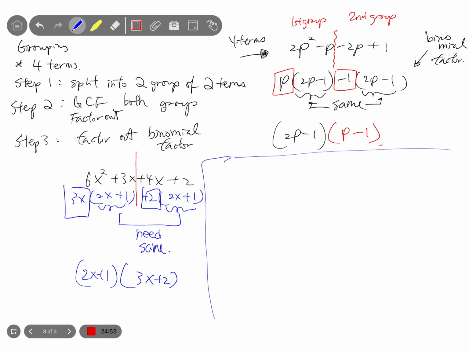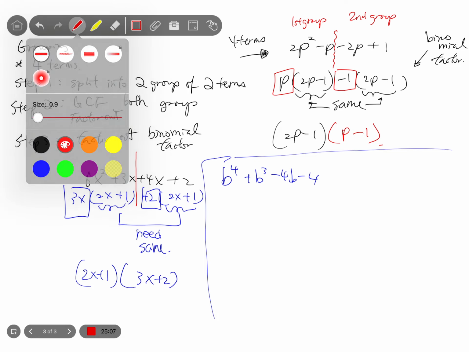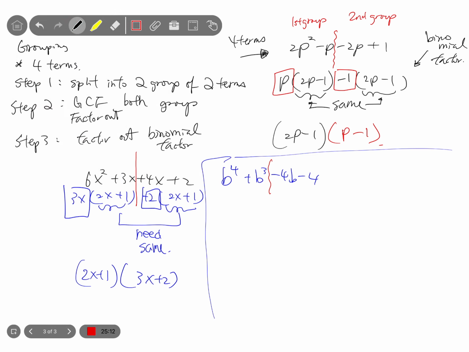Now, same idea. Notice in part C the powers are larger, but it doesn't matter. As long as it's factorable, it'll be okay. So you've got b to the 4th power plus b cubed minus 4b minus 4. So again, split down the middle. We're going to find the GCF for the first group. That's going to be b cubed times b plus 1. Remember, anytime when in doubt, distribute, to see if you can get the original answer back.